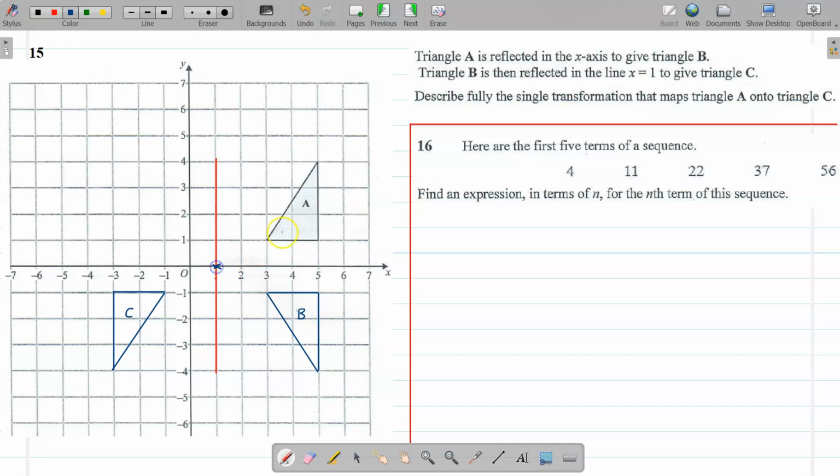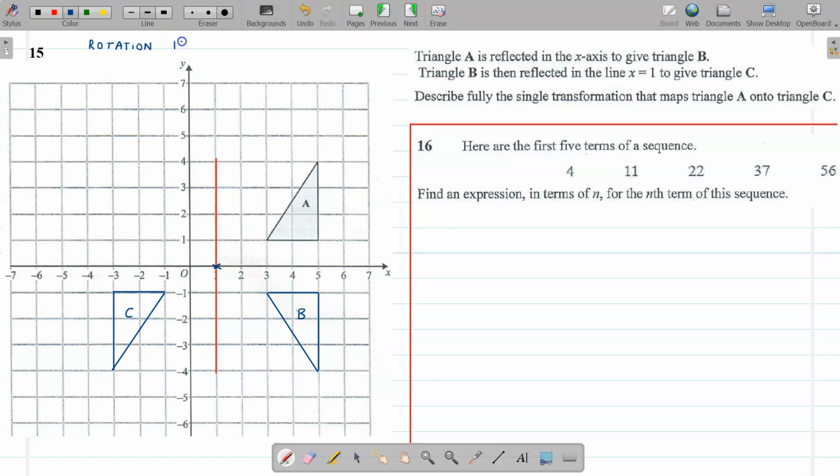We've got to describe the transformation that takes A onto C in a single transformation. So I notice that that's the center of a rotation. Now it's also an enlargement of scale factor -1. So I could describe this as a rotation. I'll put that here as the answer. Rotation, you've got to give the angle, which is 180 degrees.